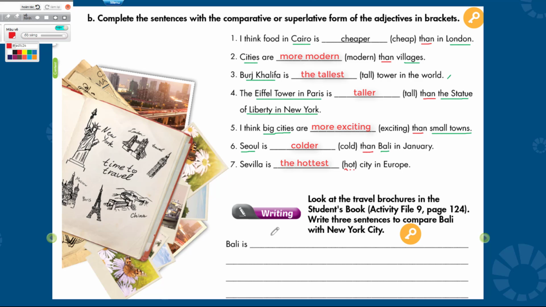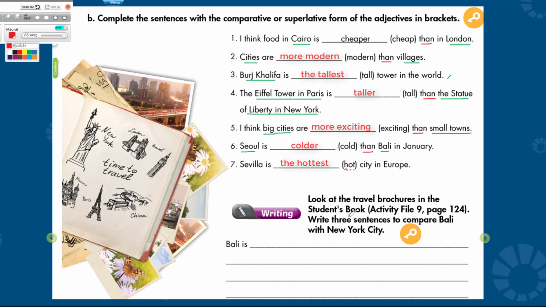Ok, now the last one, writing. Look at the travel brochures in student books, activity 5-9, page 124. Write 3 sentences to compare Bali with New York City.